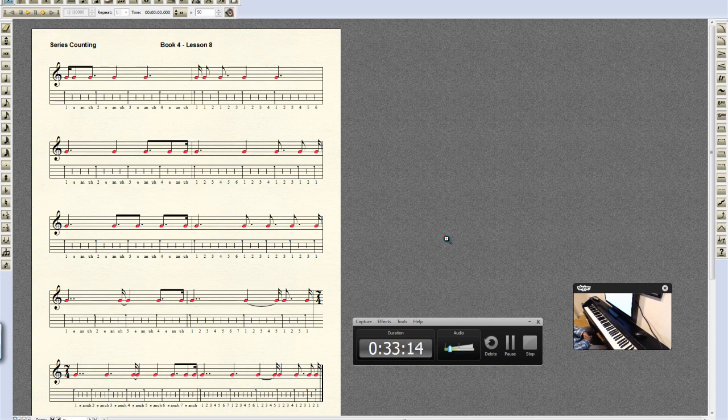If you have the same note over and over and over again, effectively you're creating a new type of beat. If you have notes that create the illusion of a series, you get rid of the beat altogether.